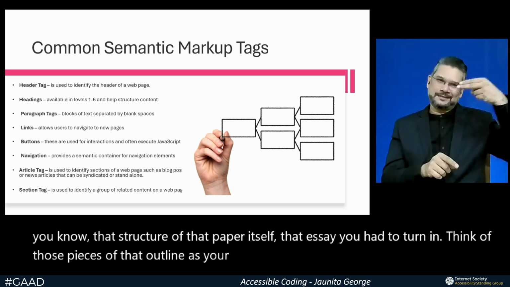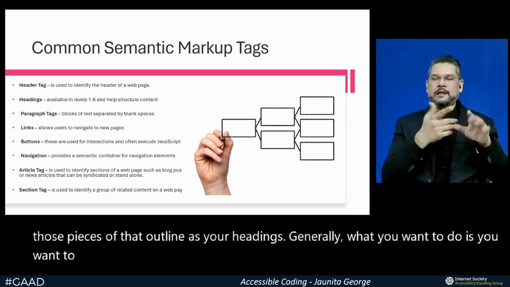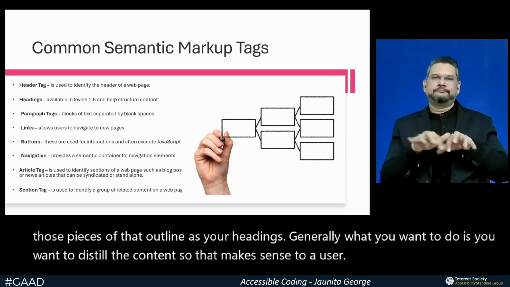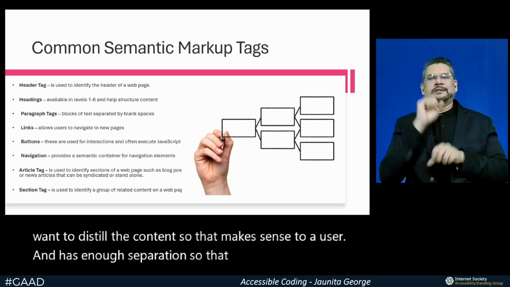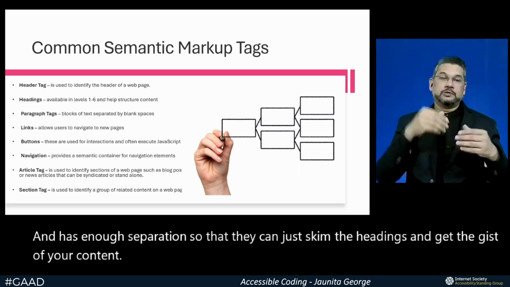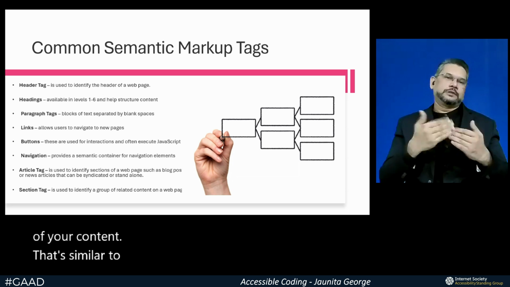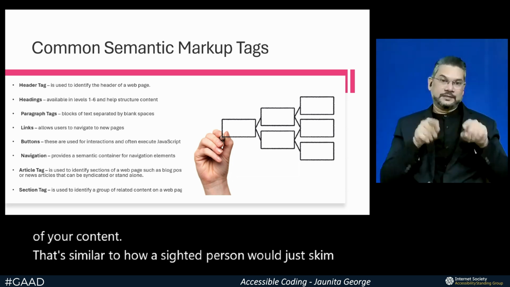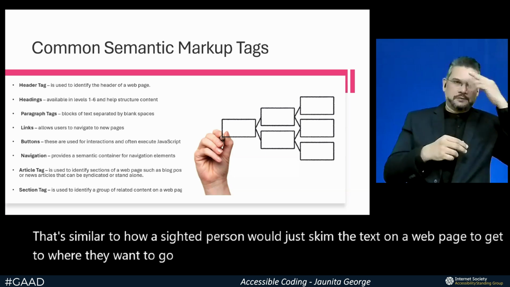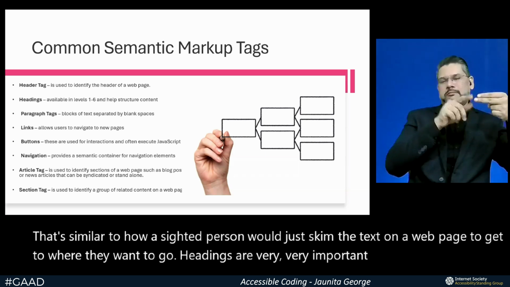Generally, what you want to do is distill the content so that it makes sense to a user, and has enough separation so that they can just skim the headings and get the gist of your content. That's similar to how a sighted person would just skim the text on a web page to get to where they want to go. Headings are very, very important in navigation.